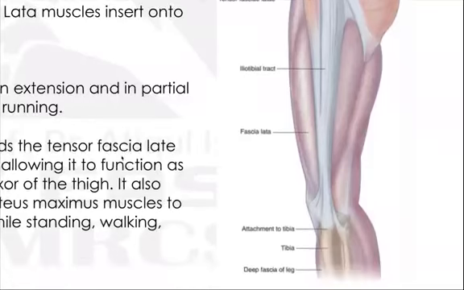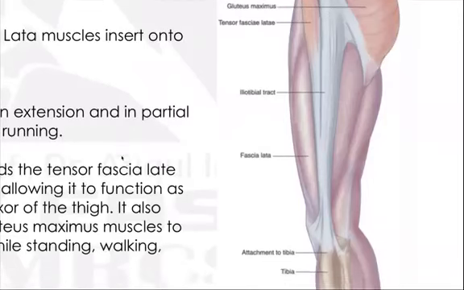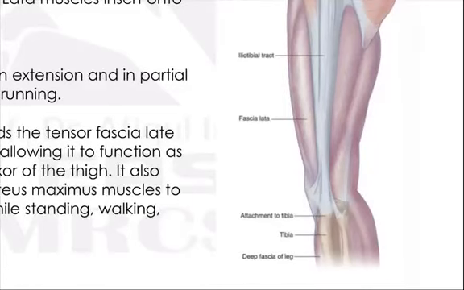While you are doing abduction and medial rotation, also some flexion of the thigh, it will stabilize those actions and help the functions of the tensor fascia lata by extending these muscles towards the lower thigh and the leg. This is the clinical significance, because all of these things can support the knee joint while you are running or standing, or doing other functions like bike riding. All of these functions can be stabilized by the iliotibial tract.